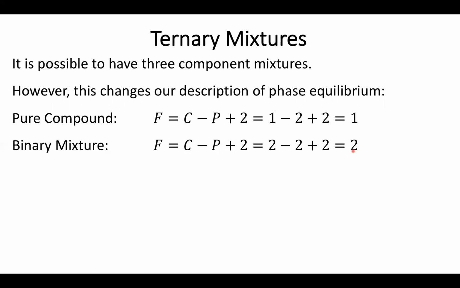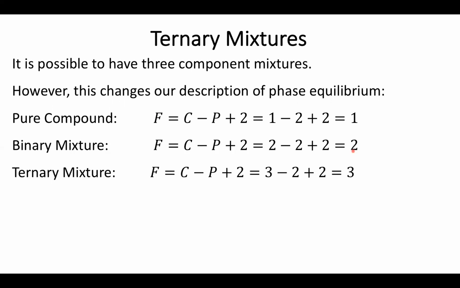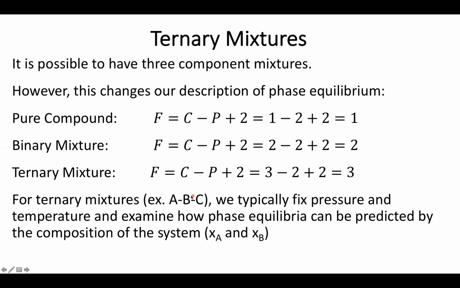Now, this problem becomes much worse once we reach a ternary mixture. Because once I've got 3 components, well, at this point now I've got 3 separate degrees of freedom. So this is going to greatly change how I describe my system. So for example, if I look at a ternary system of A, B, and C, well, now we have to essentially find a way to fairly easily describe 3 different variables.